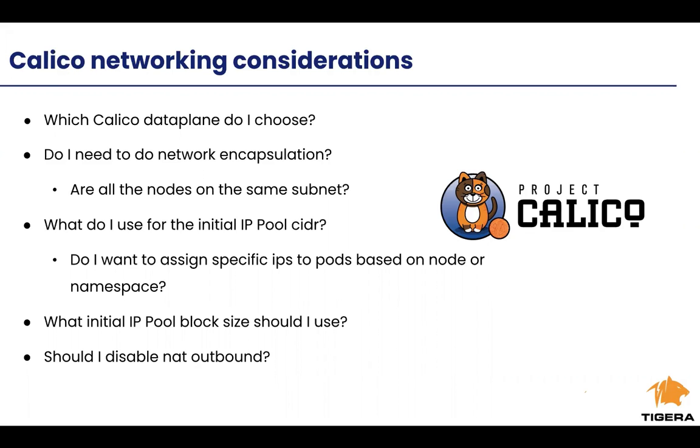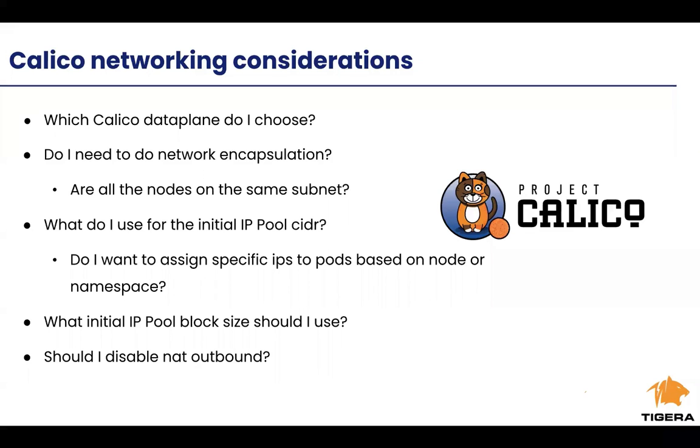IP pools are a Calico and Calico Enterprise construct that allows you to determine whether or not NAT outbound is enabled, whether or not encap is enabled. It also adds some flexibility.